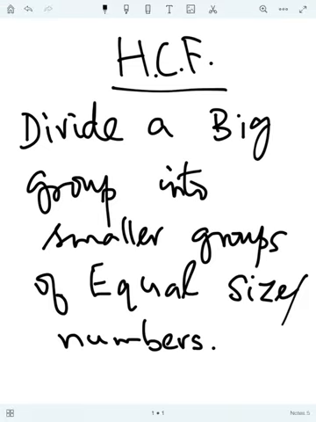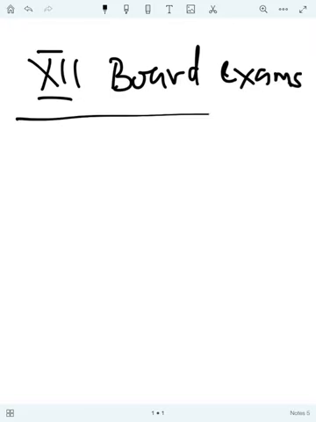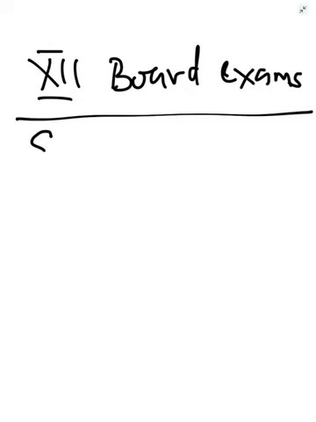Again we will take a practical example to clarify this application of HCF. Suppose there are 12th board exams, CBSE, in a school. The school has been made a center for these 12th board exams.